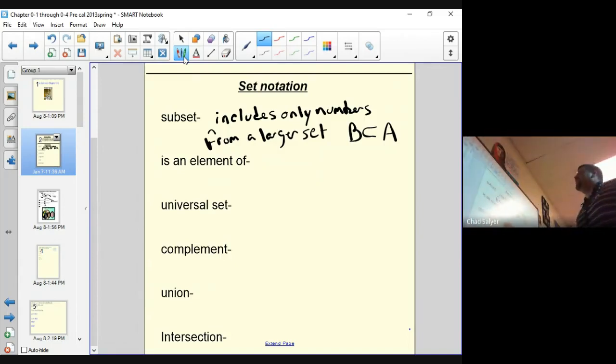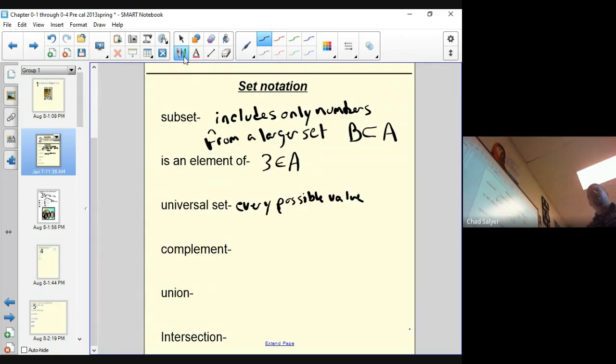Okay, so is an element of means if you've got 3, let's say, and that's an element of set A, you use this character, it's a Greek letter, to indicate 3 is an element of set A. The universal set is every possible value for a given situation.